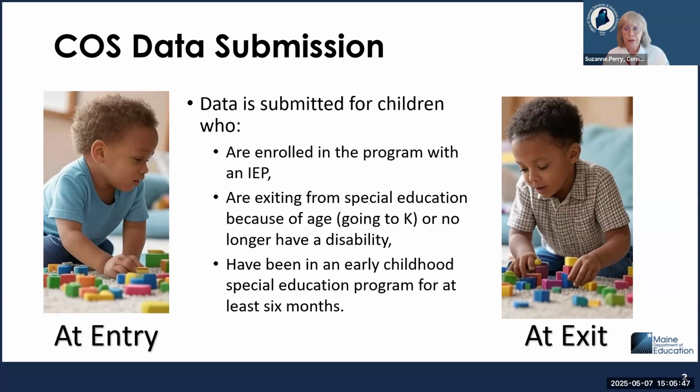For the end of the year, this year, data will be submitted for children who are enrolled in the program with an IEP, are exiting from special education because they are of age going on to kindergarten, or no longer have a disability, and have been in an early childhood special education program for at least 6 months. So there have been some questions that we'll go over at the end regarding who we should be submitting data on, and this captures that.